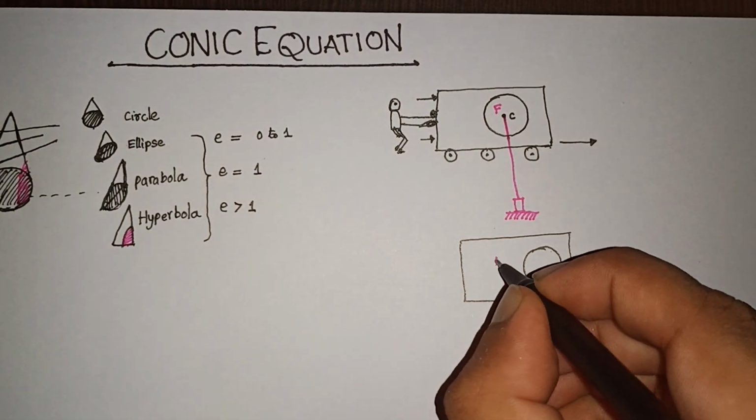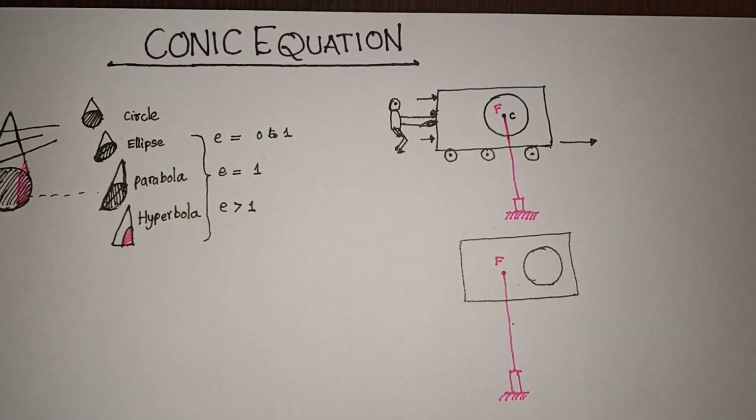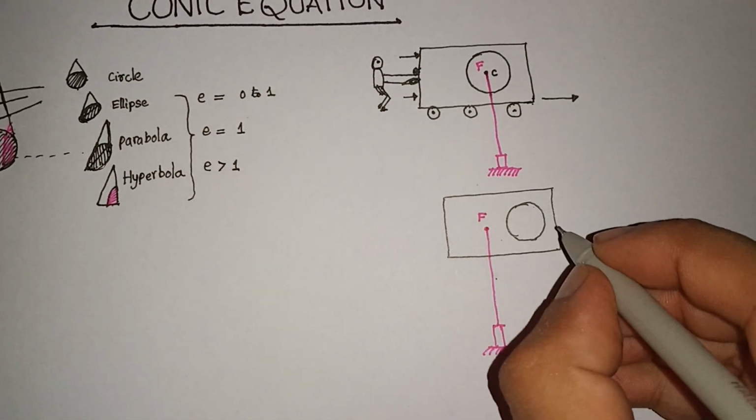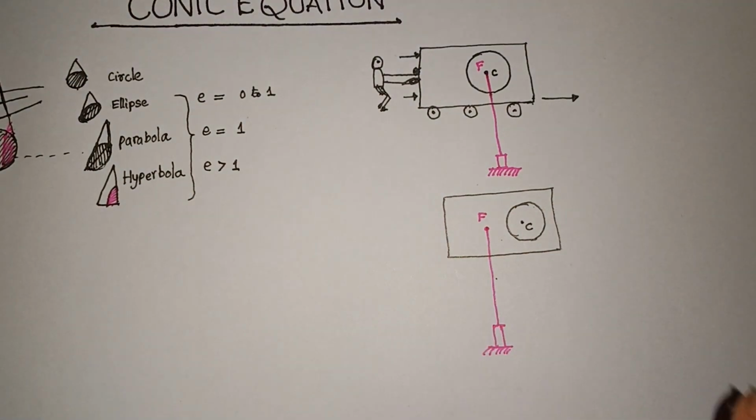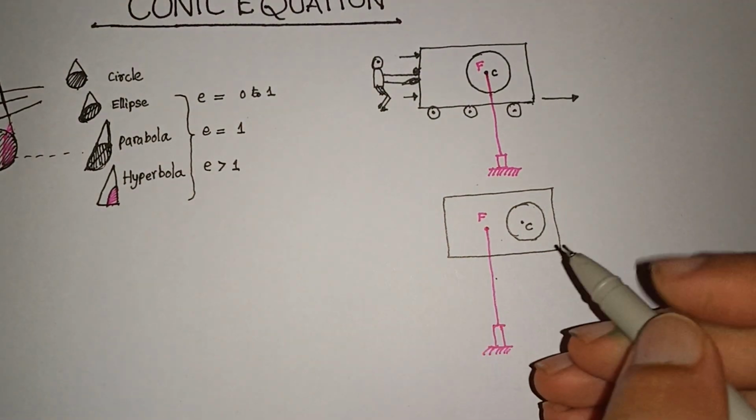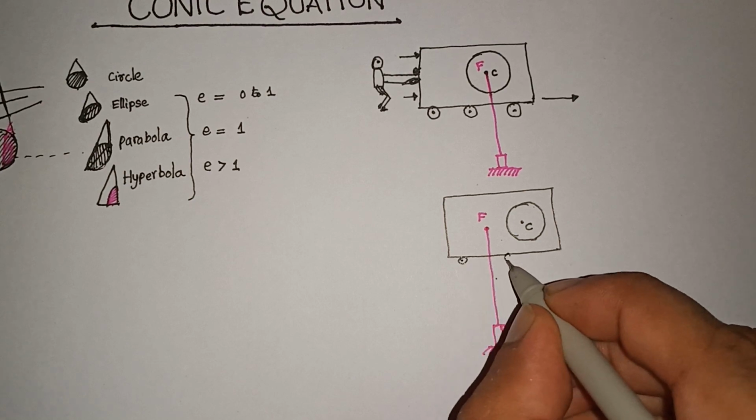So this is the focus value, and now this is the geometric center. Hope it is visible for you. This is the center, and now this is impinging on the focus, and this is the source.